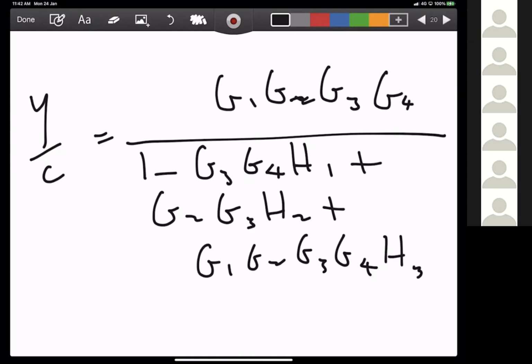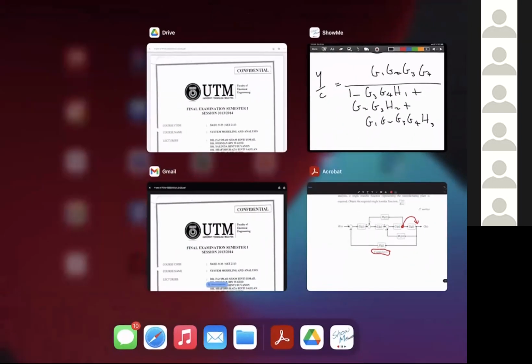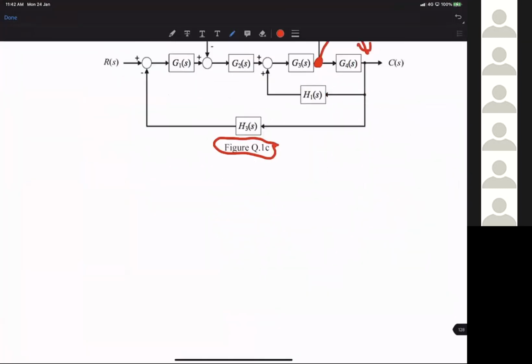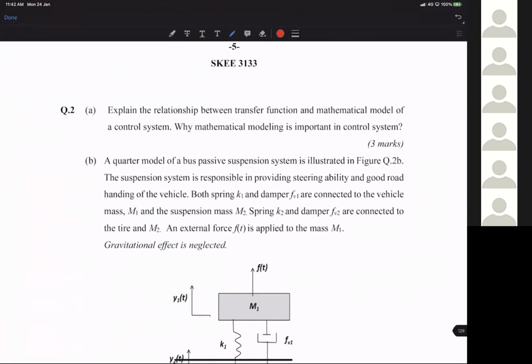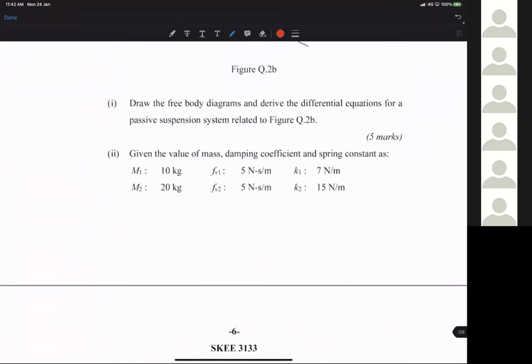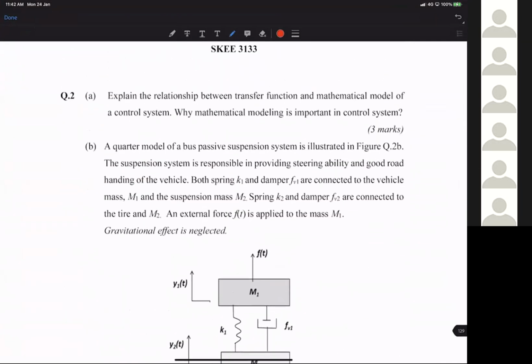Okay, so that is question number 1. Next question, Soleha. Yes, Prof. Question 2A, explain the relationship between transfer function and mathematical model of a control system. Why mathematical modeling is important in control system?